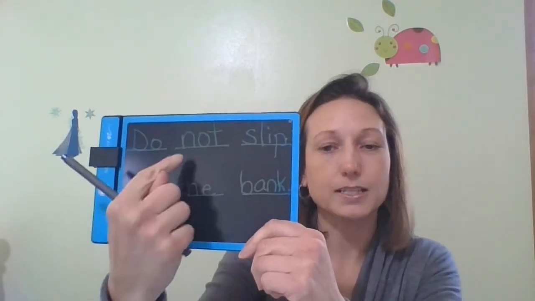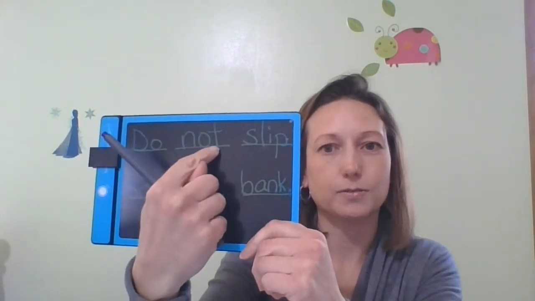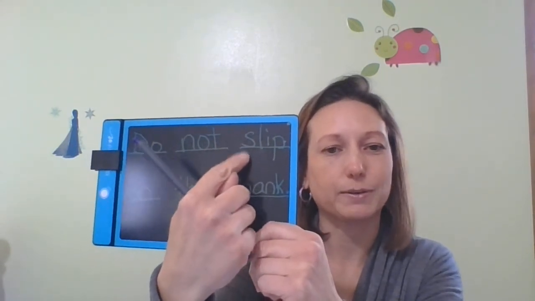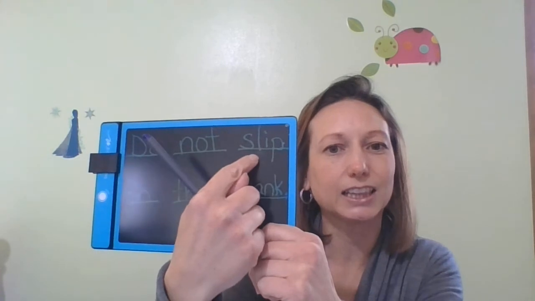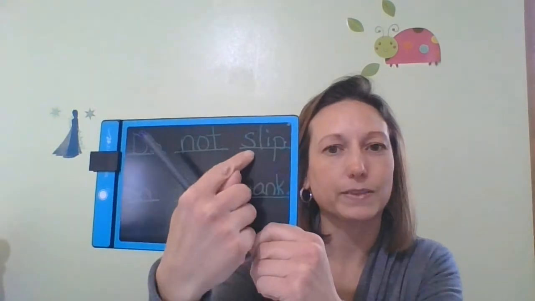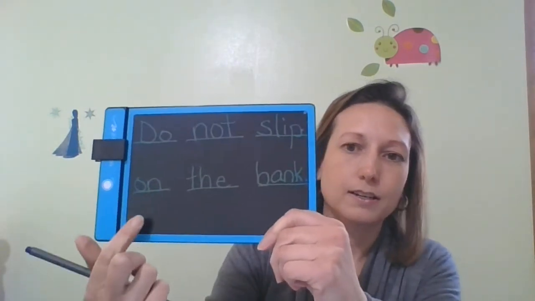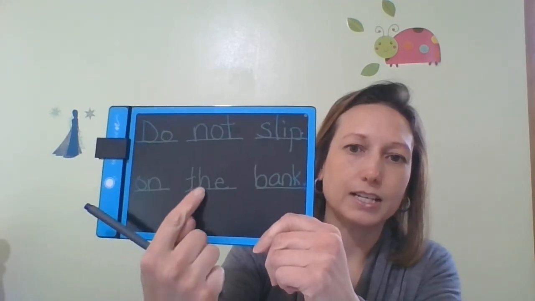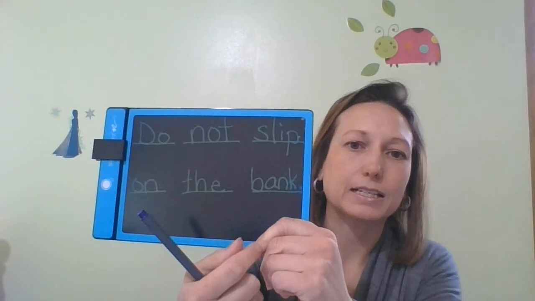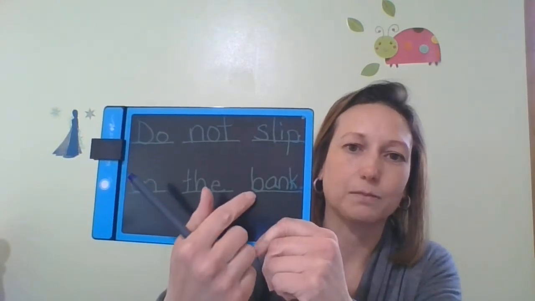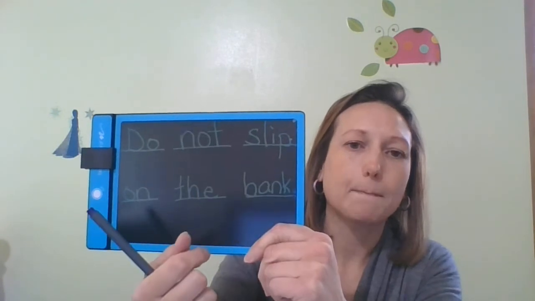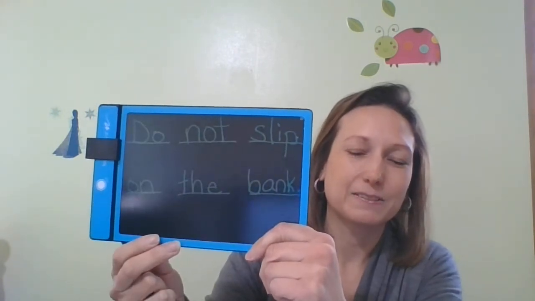Not, N-O-T, space, slip. There's our blend. We have to say it slowly. S-L-I-P, on, O-N, the, T-H-E, bank has our enk chunk in it, B-A-N-K, period at the end.